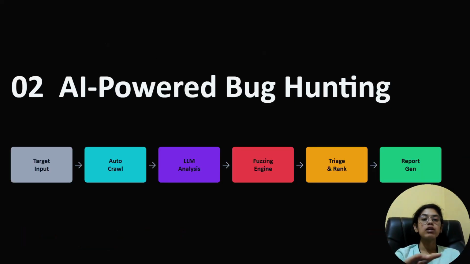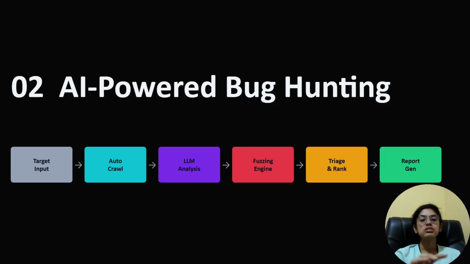Next is AI powered bug hunting. When you compare it with manual hunting, the AI powered bug hunting methodology is far different, right? First you give the target as an input. Next it will do auto crawling, it will do LLM analysis, it will do fuzzing, and it will triage the bugs and rank them according to priority like P1, P2, or P3.